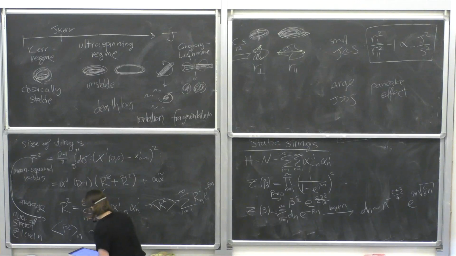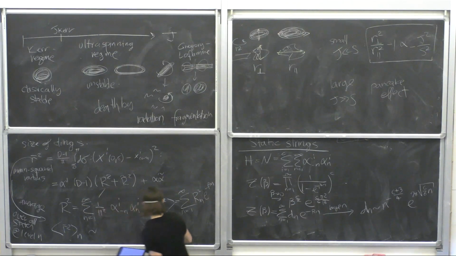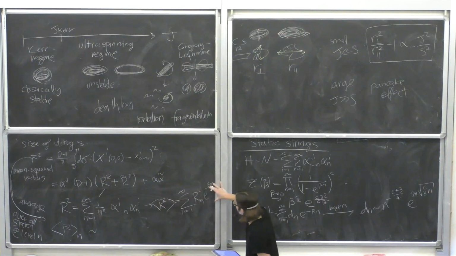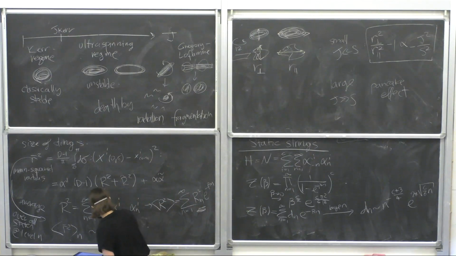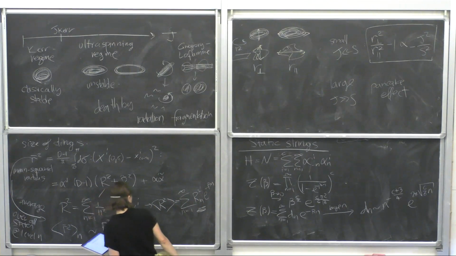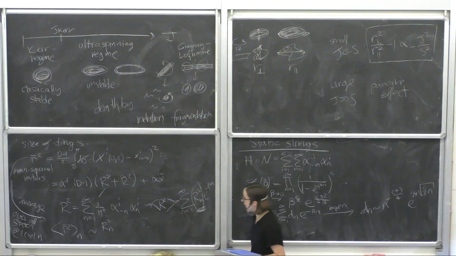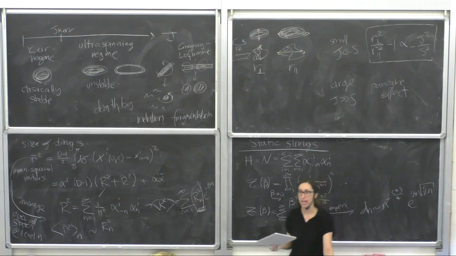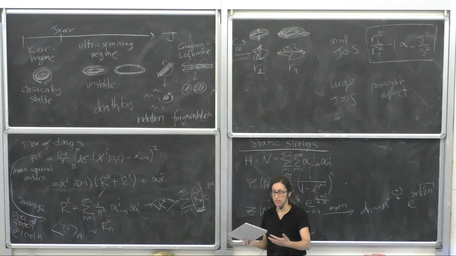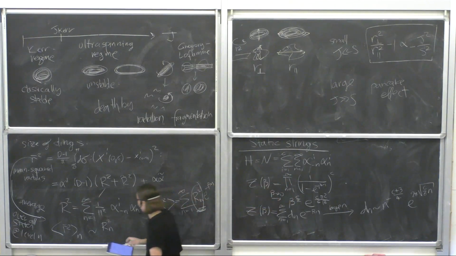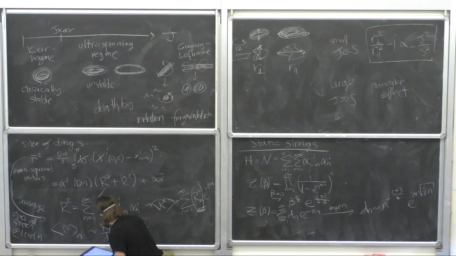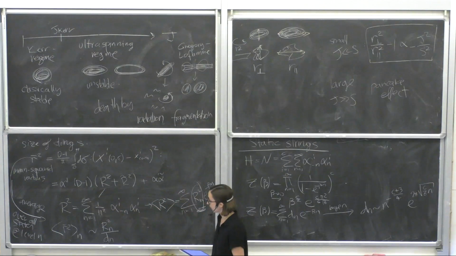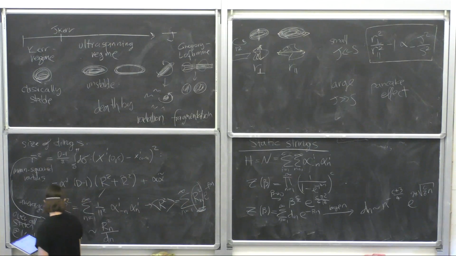So the thing that we have to compute at the end of the day is we have to extract from this average size value this coefficient. But then also because we are averaging over states at the same level n, we have to divide by the density of states, the d_n. So this is the thing that we want to compute.